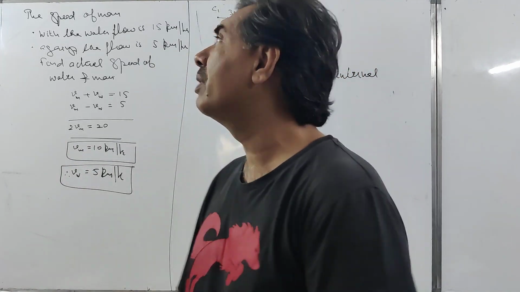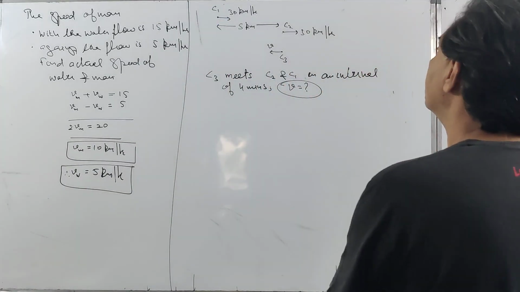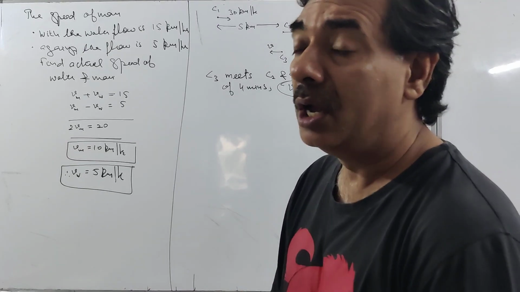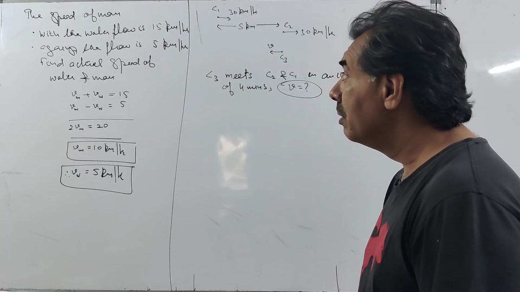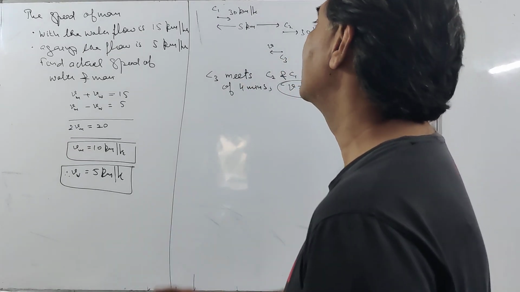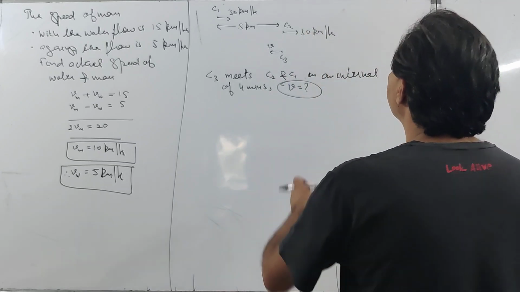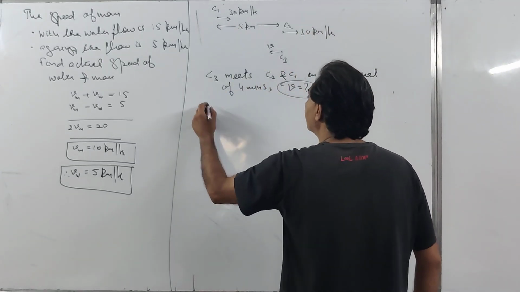The two cars, C1 and C2, are moving in the same direction with speeds of 30 kilometers per hour. A car C3 passes the two cars after 4 minutes. What is the speed V? Basically, what is the speed of C3 with respect to C1?